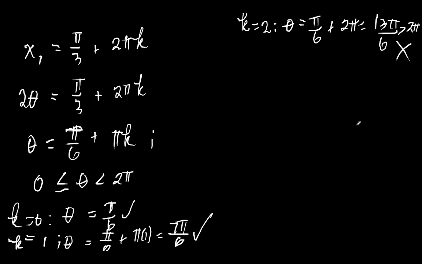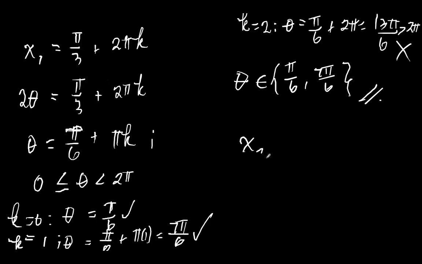So we don't consider this anymore since our theta should be greater than or equal to 0 but less than 2 pi. All right. So we have two values for theta considering x sub 1, which is pi over 3. So our theta is an element of {pi over 6, 7 pi over 6}, using x sub 1. Okay, so we consider this.